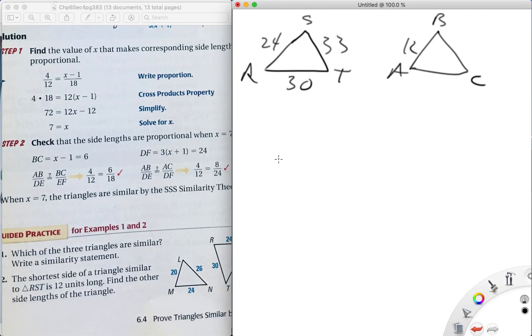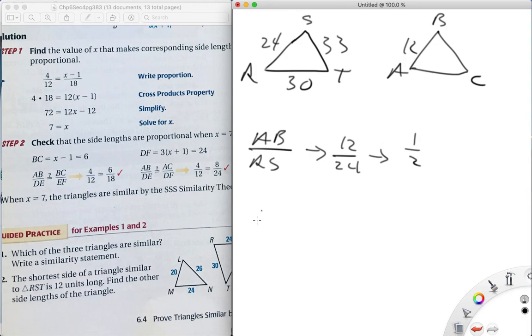So, knowing that, let's find the other two similar sides. So if we do AB over RS, which is 12 over 24, which is 1/2. What I can do is find the other sides by multiplying by 1/2.